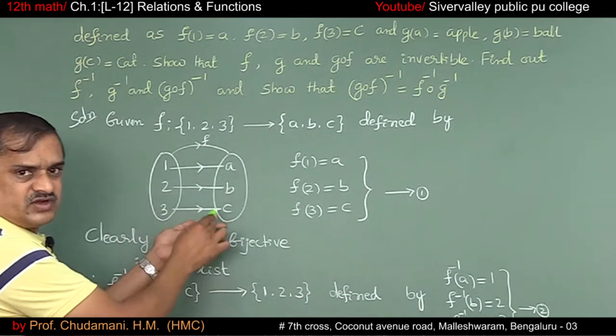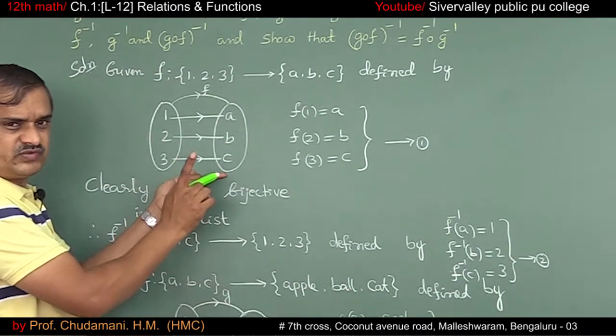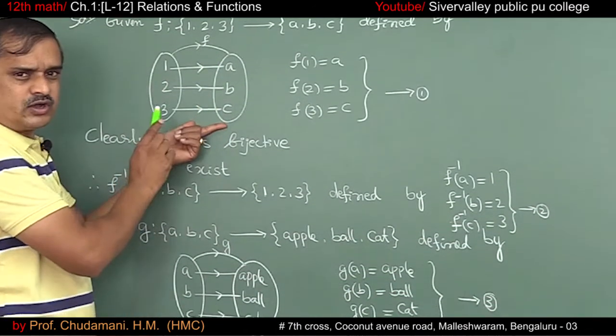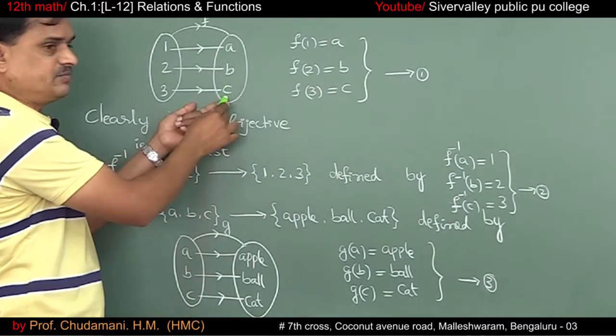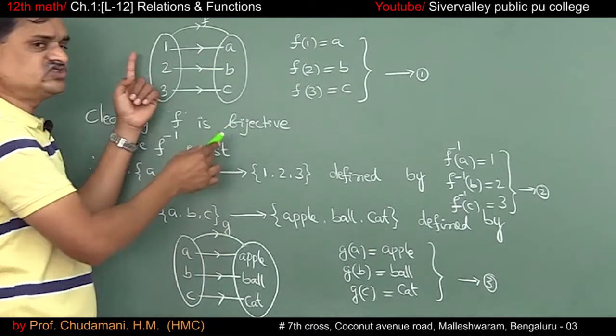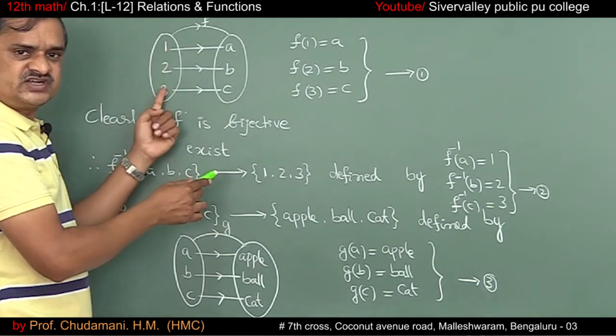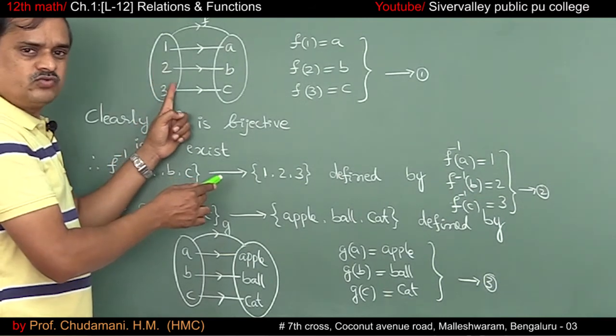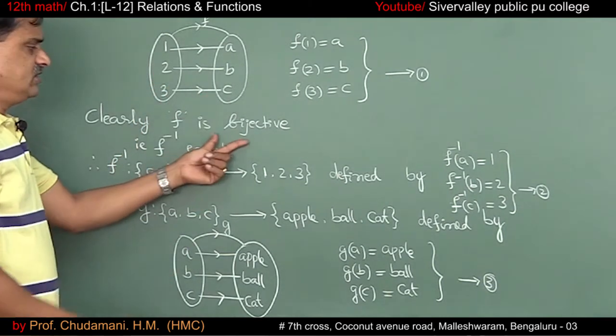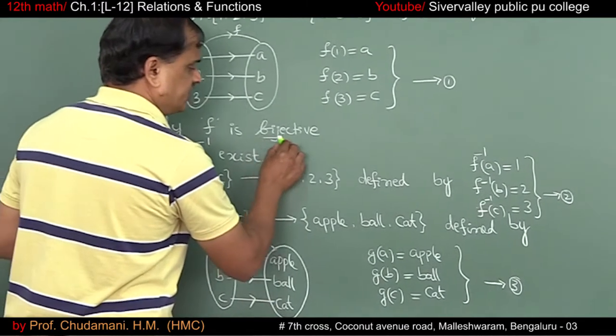Distinct elements have distinct images. That's why it is a 1-1 function. And of course onto also. Why? Because every element of the set B has at least one pre-image in set A.